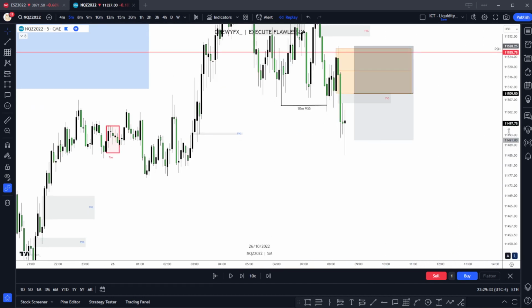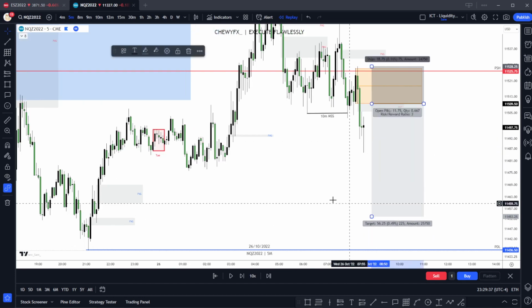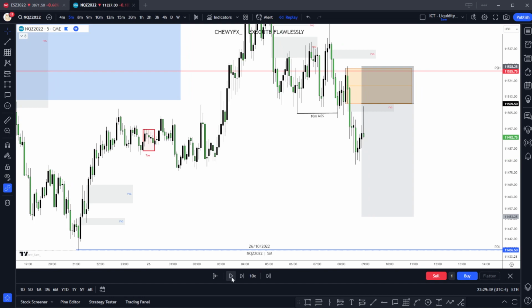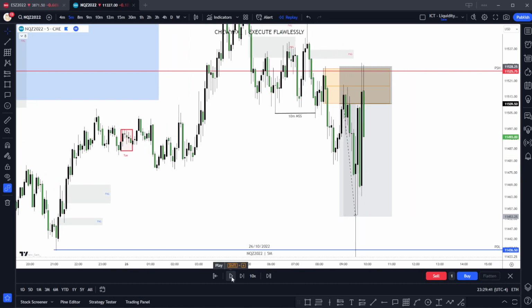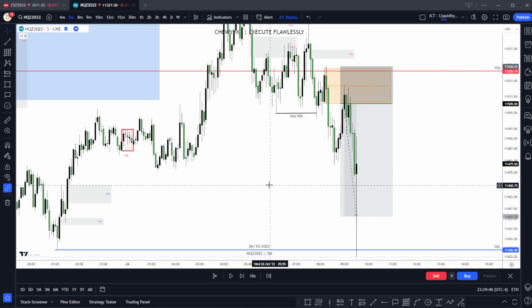So for that reason, any of these trades are just not going to be taken at this point in time. This is just for learning purposes. So we can see here in this case that this would have worked out very beautifully.